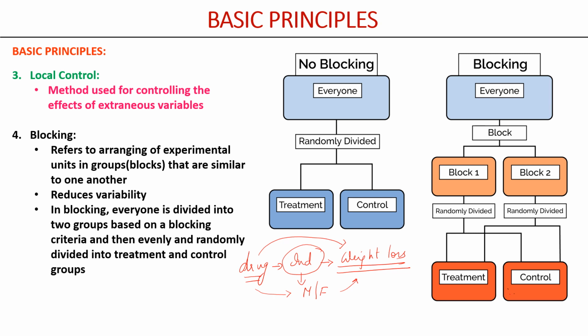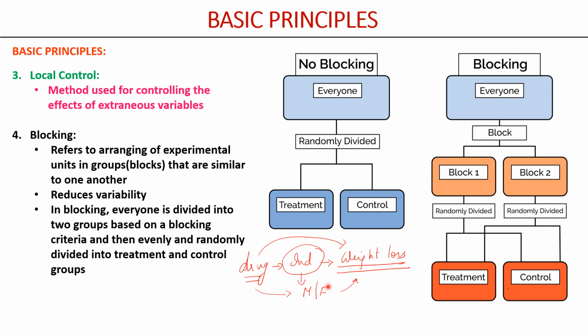But there is one point to note here. The way a male responds to this drug is certainly different from how a female responds to the same drug. So I have not considered that aspect here and just taken them to be individuals, and I have checked whether the drug is really decreasing their weight or not.